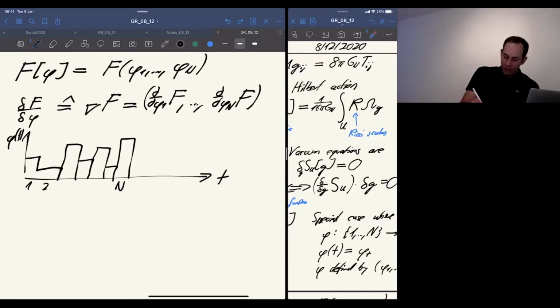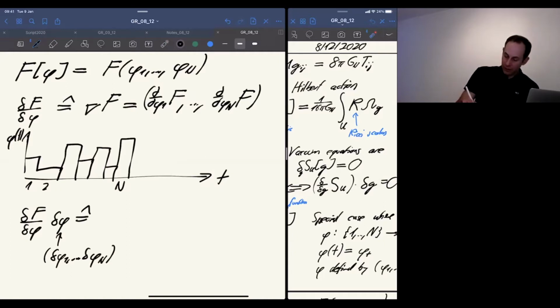So, by the way, when I write something like that, the derivative of the functional with respect to phi, times delta phi, then what this means is essentially that I have defined something like a little vector, or a tuple, delta phi 1 until delta phi n.